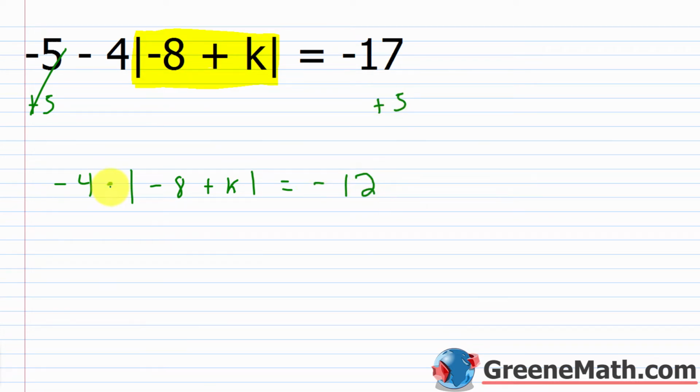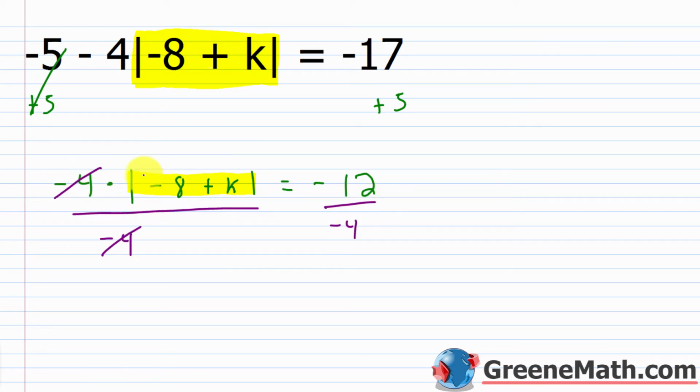Now, again, this is multiplication. I want this thing by itself. So if I have something multiplying something else and I want to isolate it, I'm going to use division. Just like if I had 6x equals 30, I want to isolate this, I divide both sides by 6. Right? Simple. It's the same thing. If I want to isolate this, I divide both sides by negative 4, because that's what I want to go away.